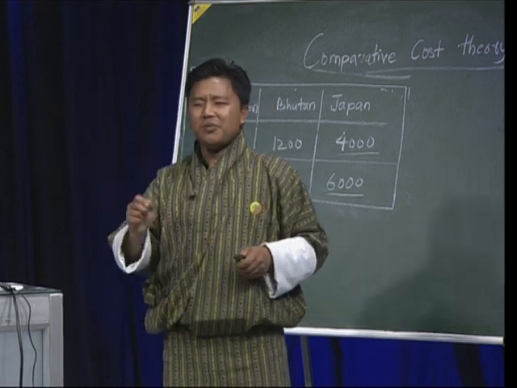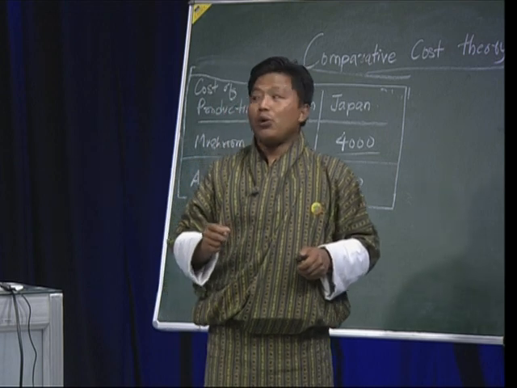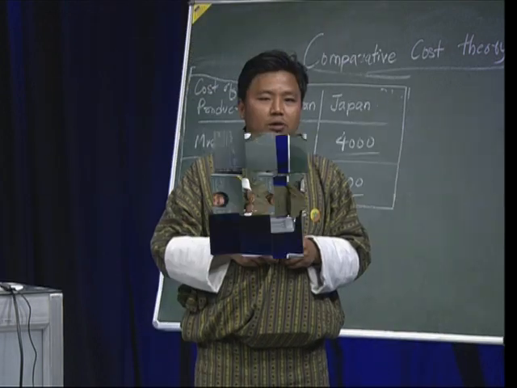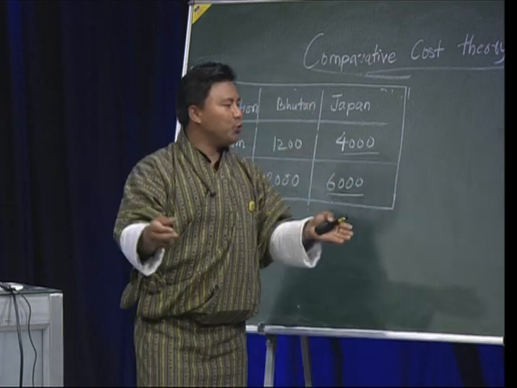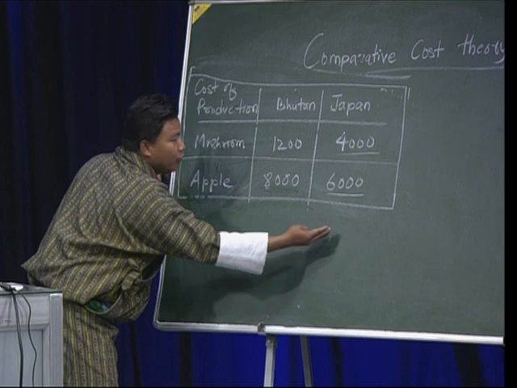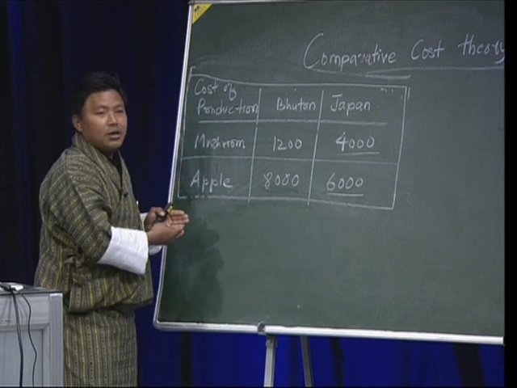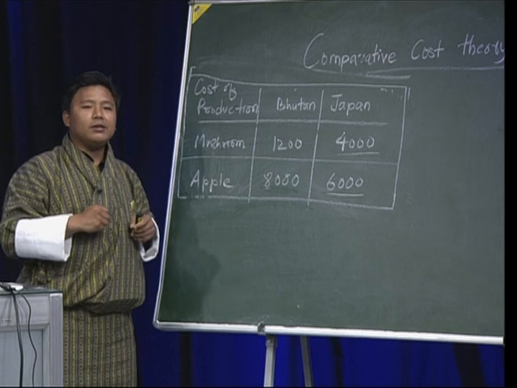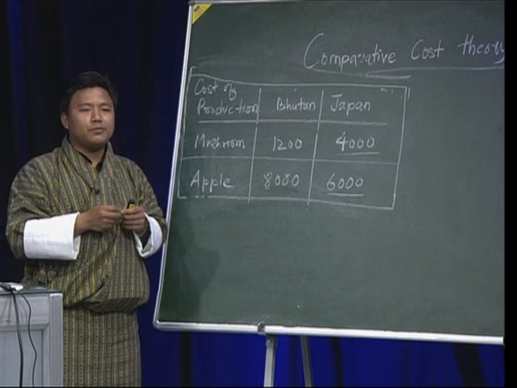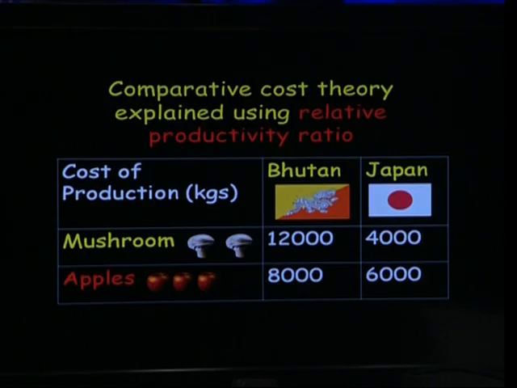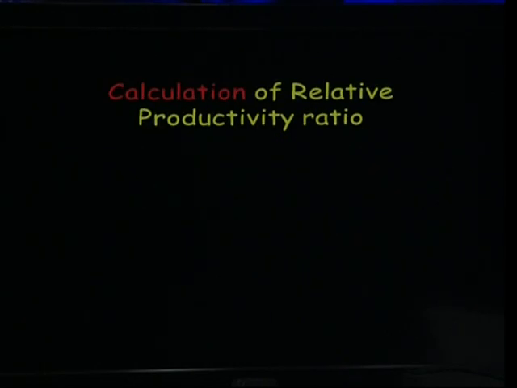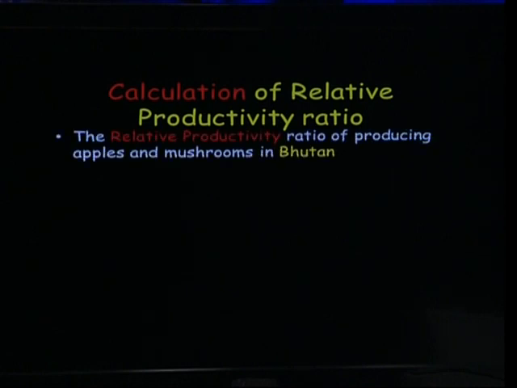Now we have another method, that is the relative productivity ratio. Now let us calculate. Again we are going to use the same example and the same data, and we will find the relative productivity ratio for both the countries. Now let us find the relative productivity ratio for Bhutan, producing apple and mushroom.